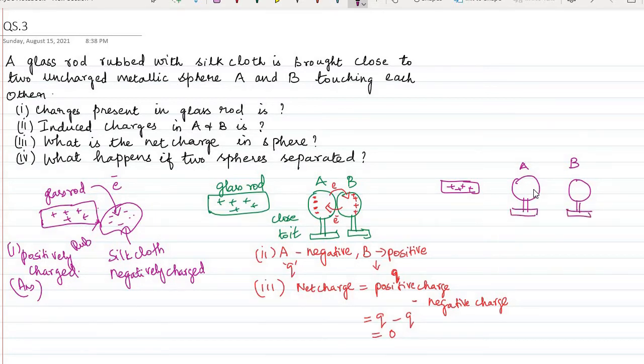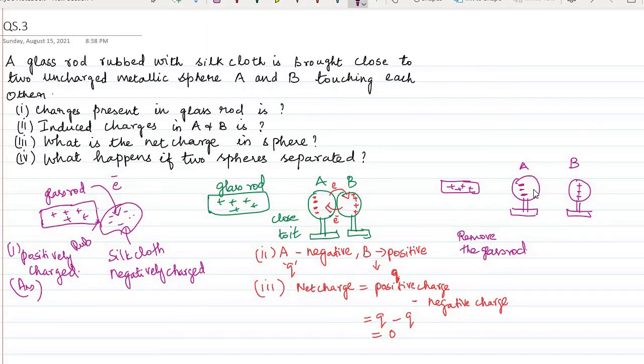Now the negative charge will be in sphere A and the positive charge will be in sphere B. After separating, remove the glass rod.